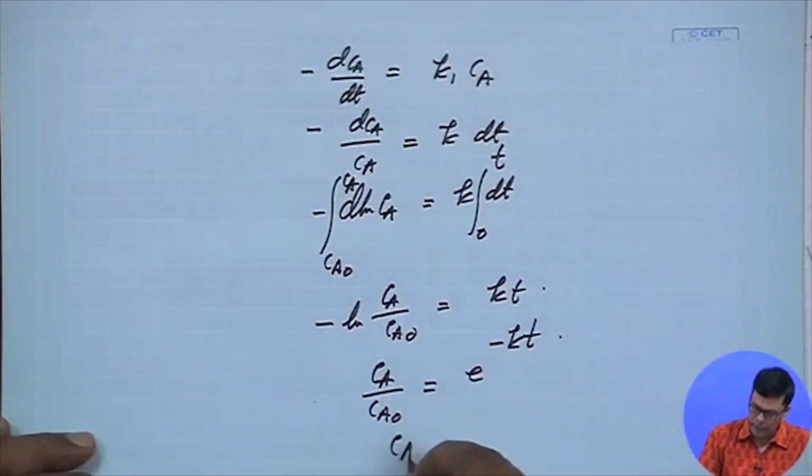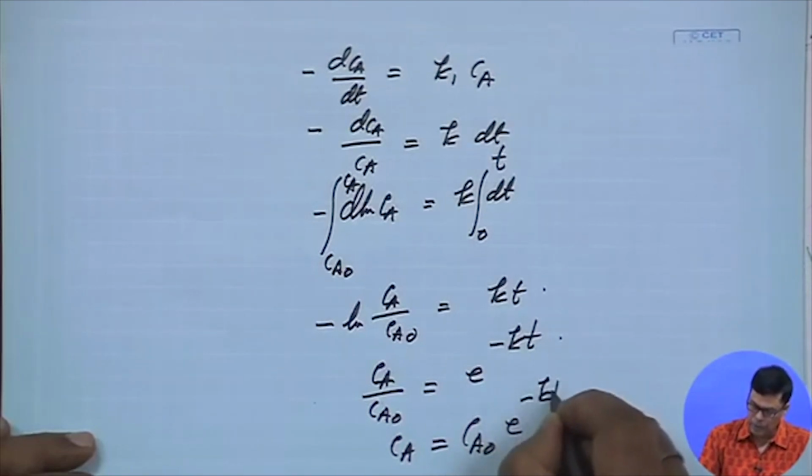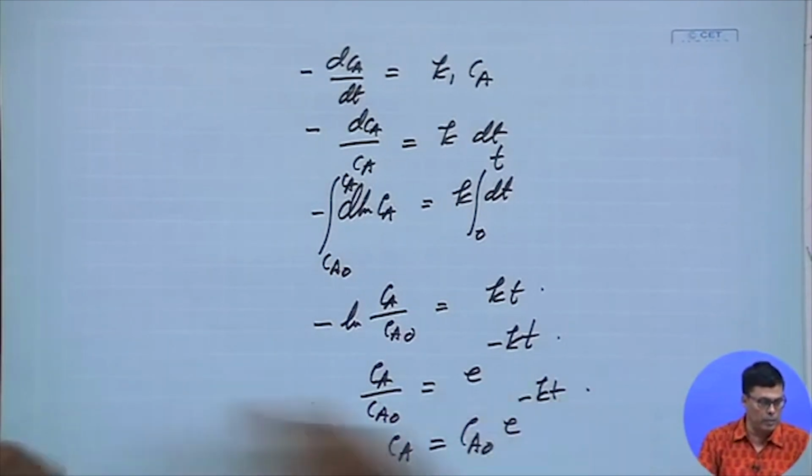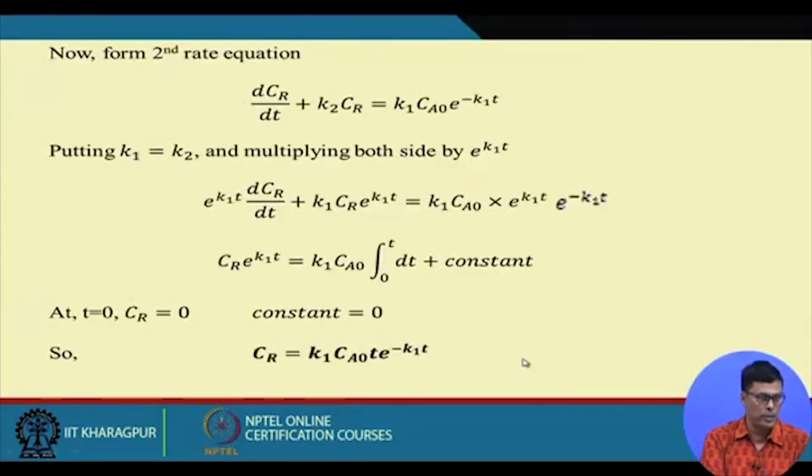What will be Ca? Ca equals Ca0 into e to the power minus K into T. So we can easily find this out, this is how it has been found here. We can easily see that.